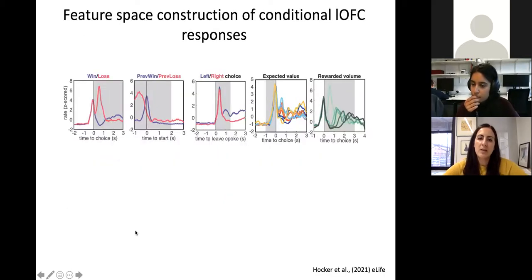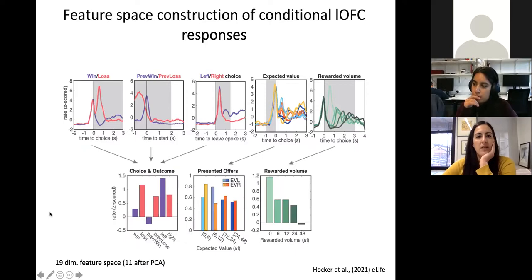A different way to cluster is, instead of just using the average PSTH, which just tells you when in the trial the neuron is active, you might want to do something smarter and ask, what does the neuron encode? If we clustered on that, maybe we can also learn something interesting about the organization of responses. For this approach, we developed what's called a feature space.